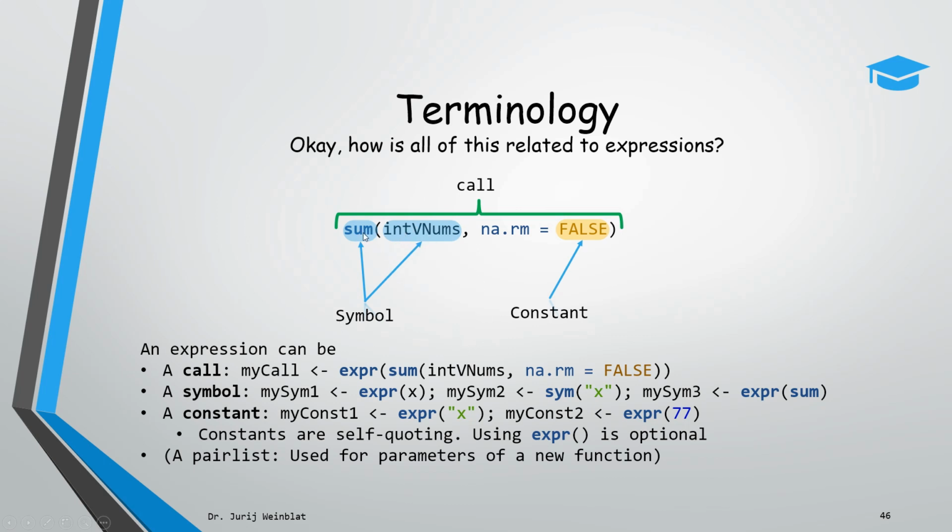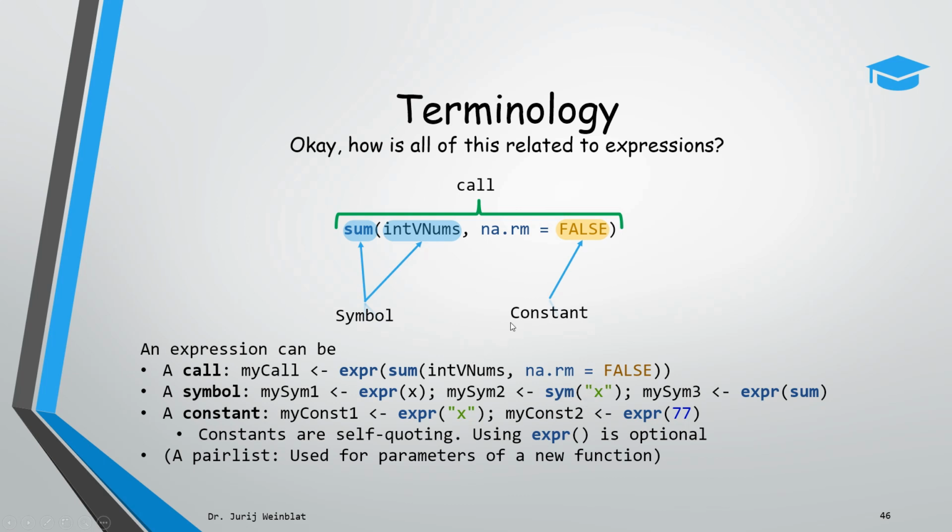But because it's a symbol, there's also another way to put it: making use of the symbol method, which is new. Instead of expression of infnums, you can just say sym and then put infnums in quotation marks. This is possible as well.